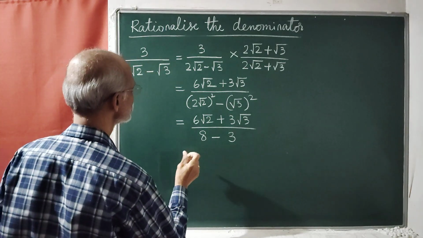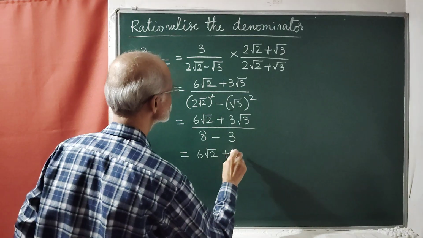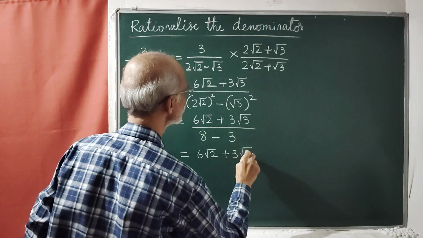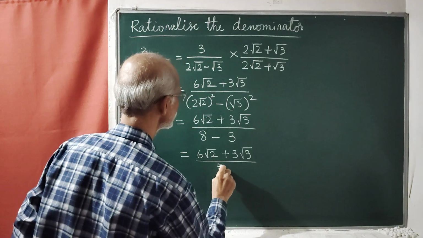So we will get 6 root 2 plus 3 root 3 by 8 minus 3 is 5.